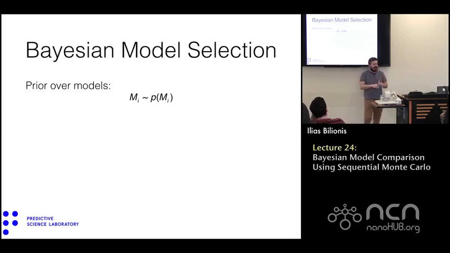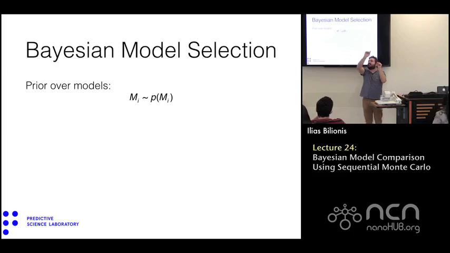So when you're doing regression, for example, you say, well, my first model is a constant relation between x and y, so y is completely unrelated to x. Then my second model is y equals a times x. My third model is y equals a times x plus b x squared plus some noise. And you rank your models.